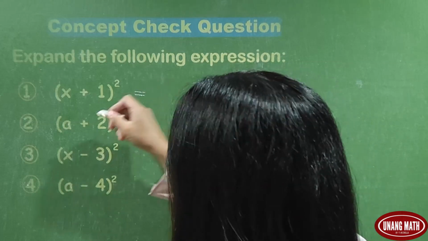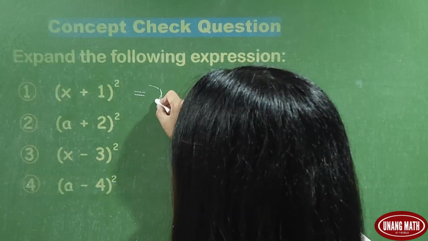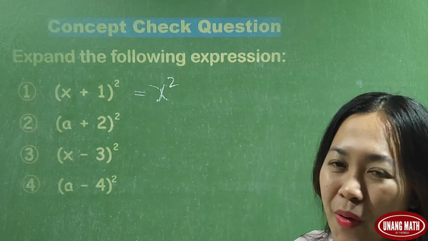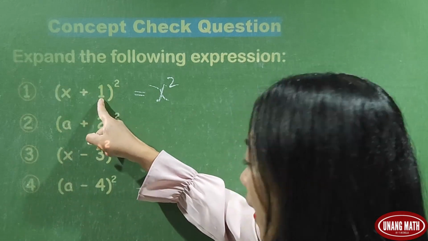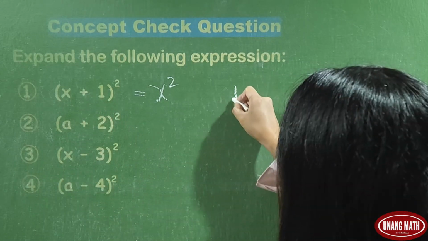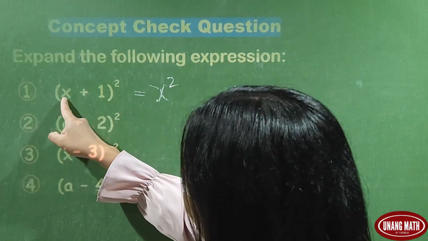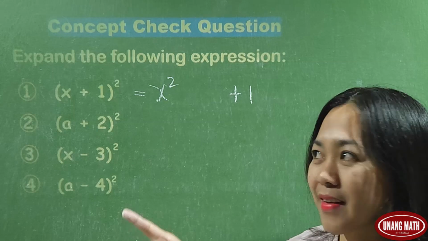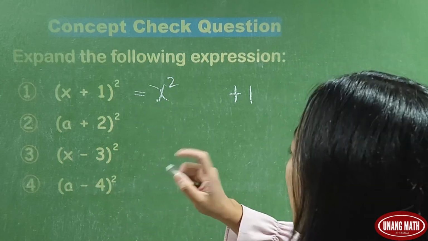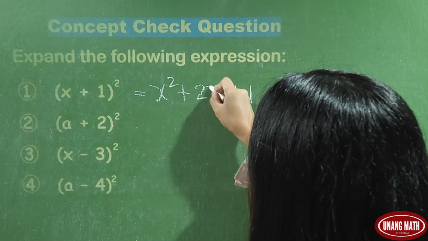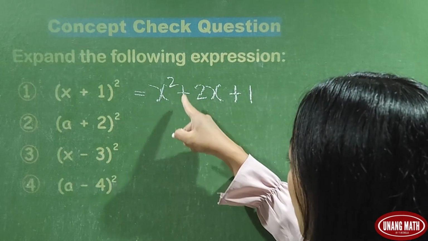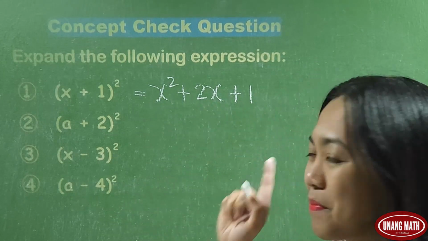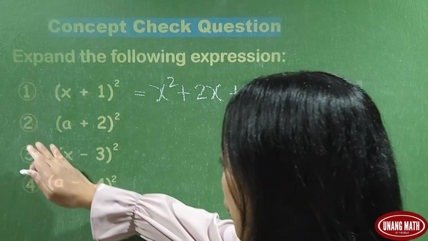So using the pattern, x times x, that would be x squared. 1 times 1, then that would be 1. So plus 1. And then x times 1 is 1x, times 2, then we have 2x. So plus 2x. So this is now x squared plus 2x plus 1. What about number 2?